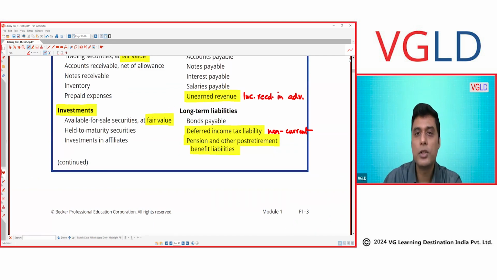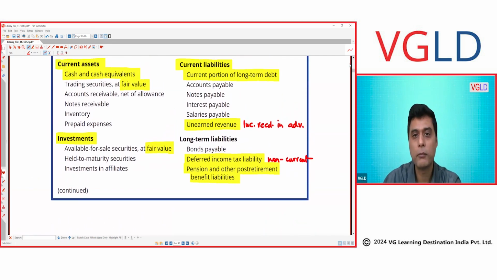Yes, Mohit. So what's your question? Interest payable is your question, right? So here is the interest payable. So what exactly is your question?